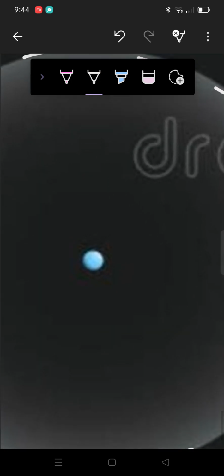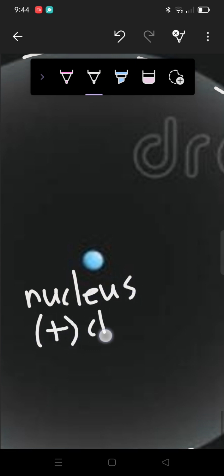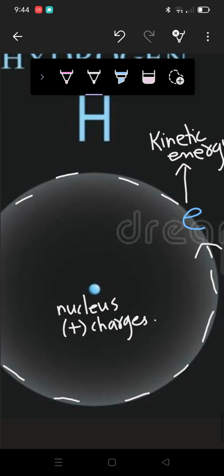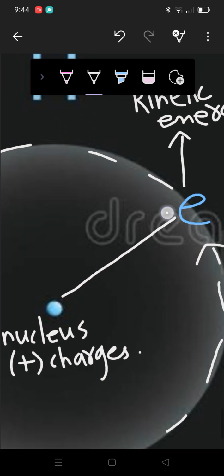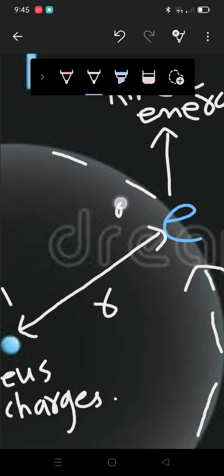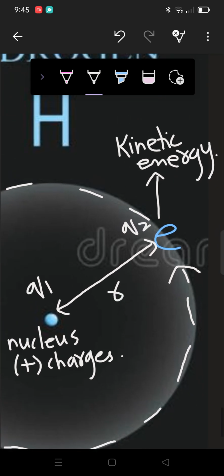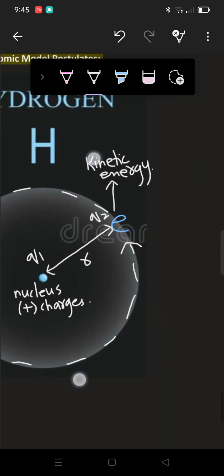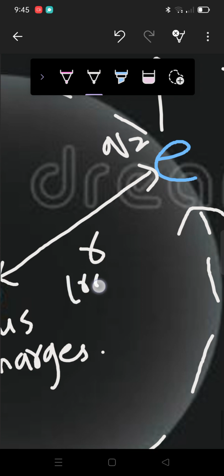And if two charges are put here, we know that this is the nucleus, and the nucleus has a positive charge. So there would be a potential energy as well between these two charges at distance r. This is the first charge q1, and this is another charge q2. Between them there is a distance which is r, the radius.